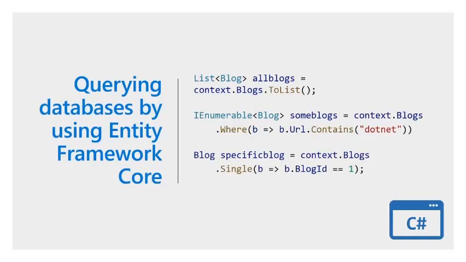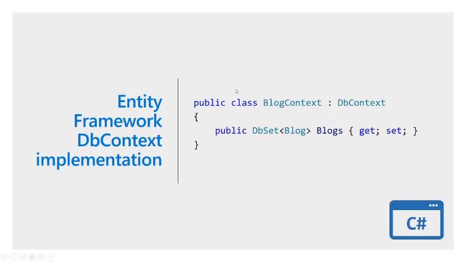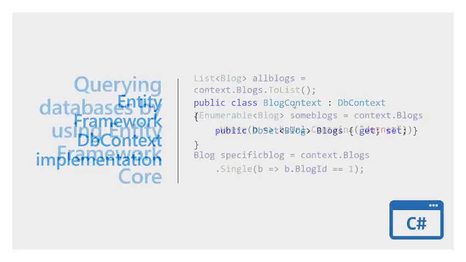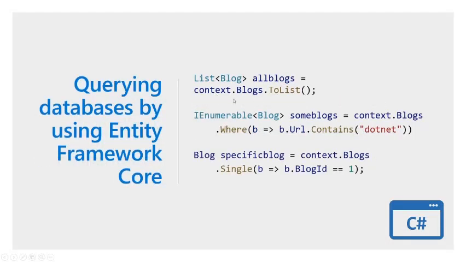Then, to query a database by using Entity Framework Core, you use LINQ, such as the Where method. So what you do is say all blogs, and you say context, which we just defined here, the initialized variable context. Then you say context.Blogs.ToList.